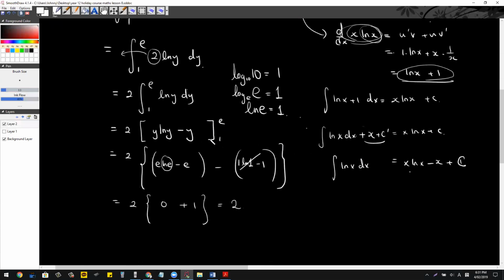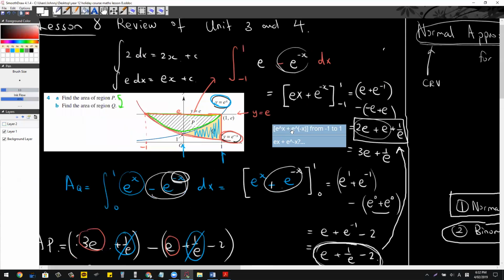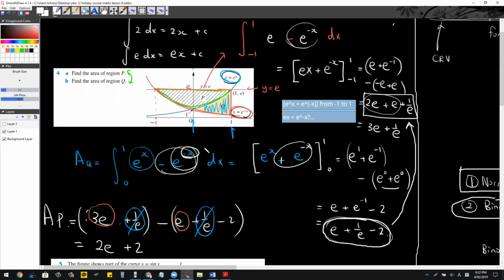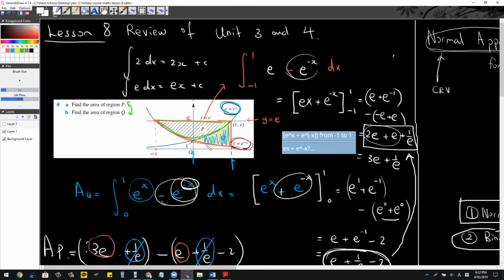Then plug in e, plug in 1. That cancels out, that's 0, and that is just 1. So I feel like this is the correct answer. There's something wrong with the first method, but I don't quite see it now. I'm going to figure it out later and then post it on EDX, okay? Yeah, let's move on.